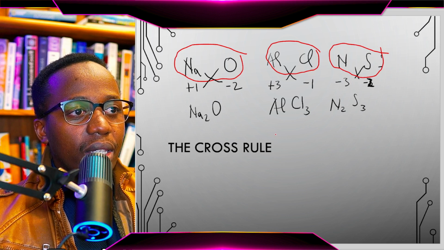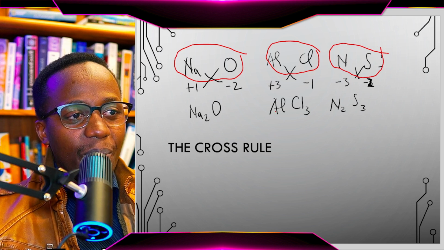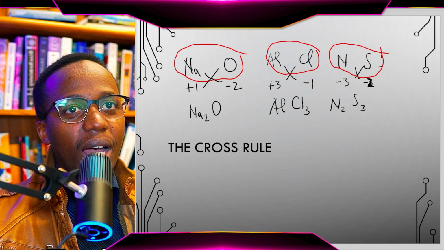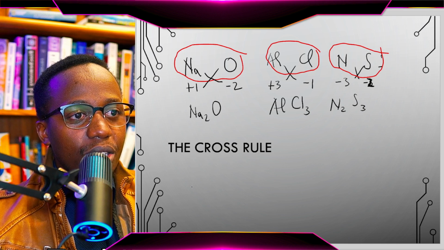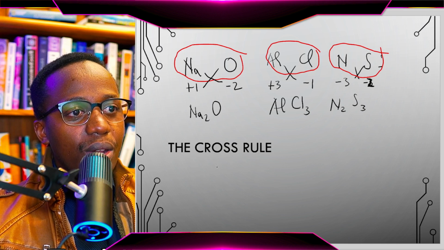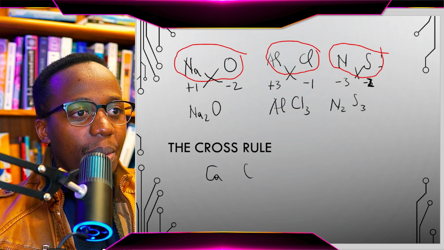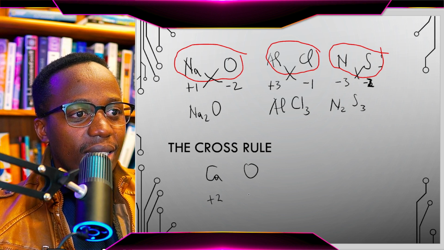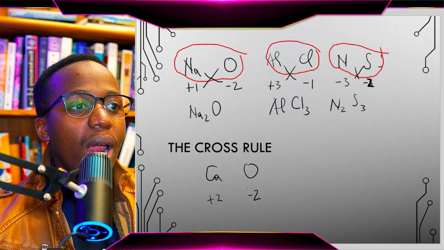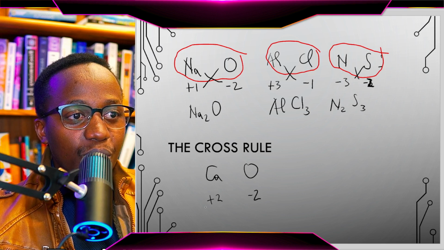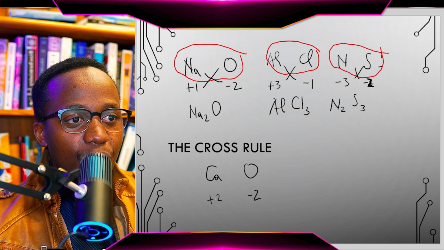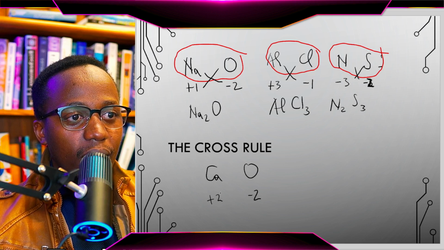Now, there are some things in the cross rule that you might find a little bit confusing. So I'm going to show you. When you get something like calcium and oxygen, calcium has +2 and oxygen has -2. When they are the same like this, you're going to simplify them so that they become 1 and 1.